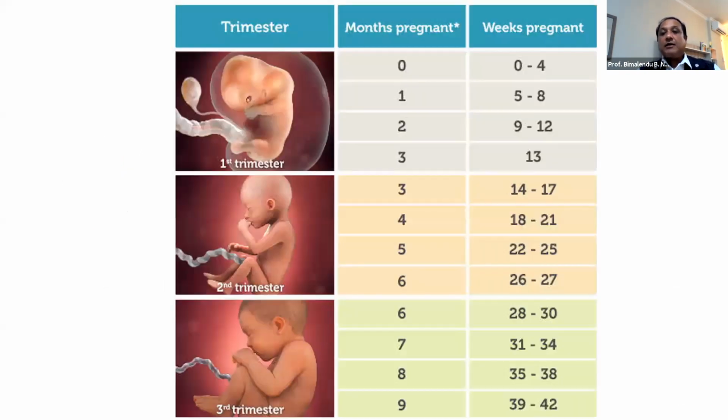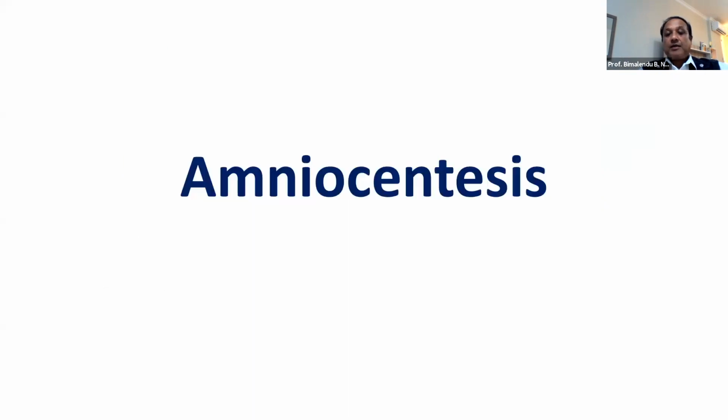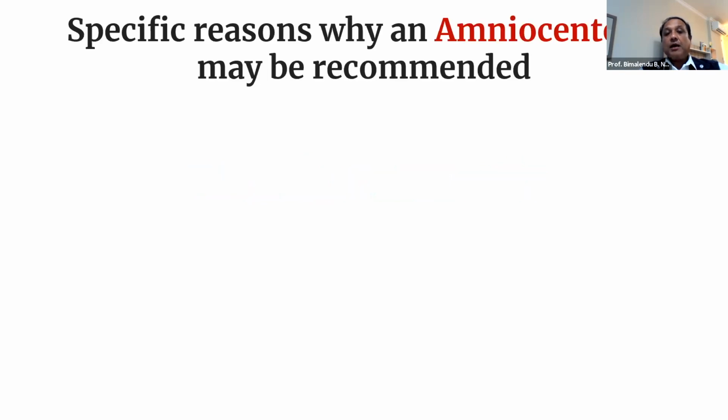So this is a calendar, and for different genetic disorders, the early prediction can be done sometimes in the early second trimester, or it can be in the first trimester. Amniocentesis is a very popular and common prenatal diagnostic method.